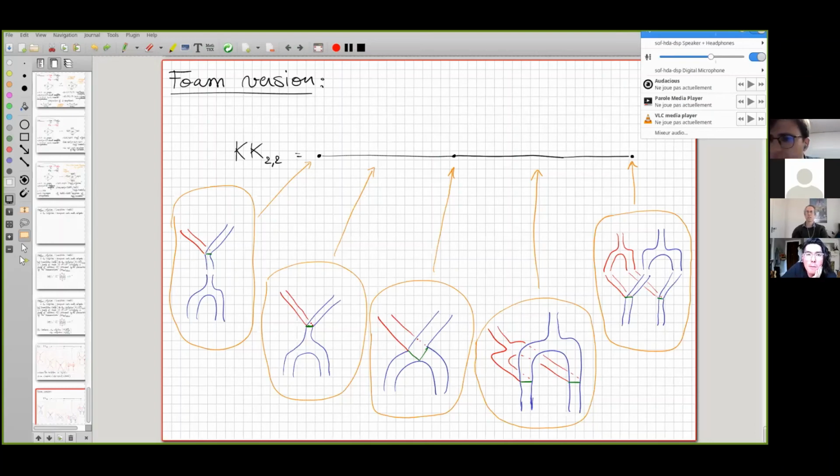So Nathaniel Bottman has been doing work on defining A∞ 2-categories. Yeah, so definitely. This is how it works.